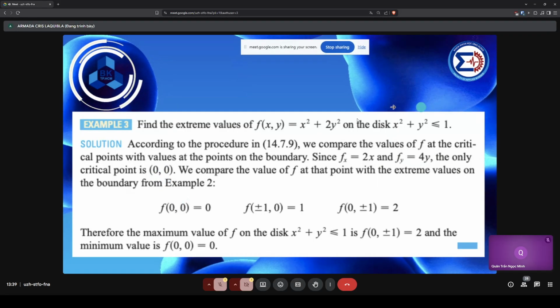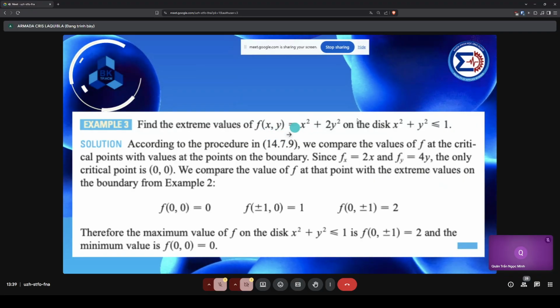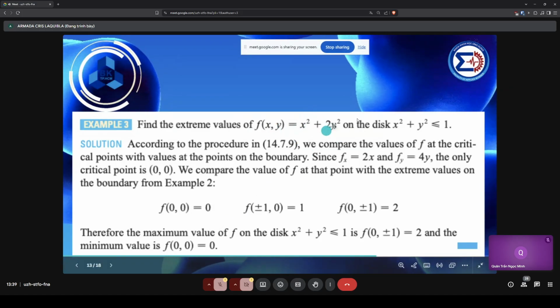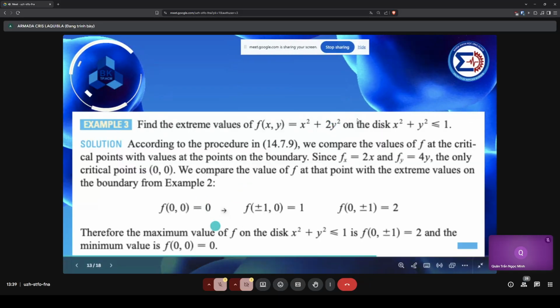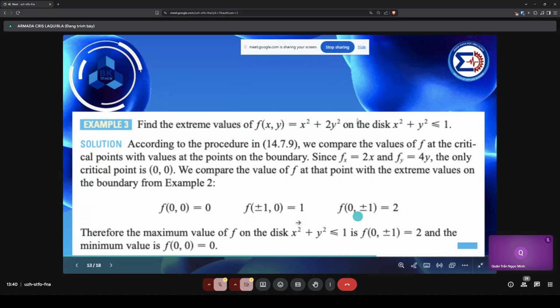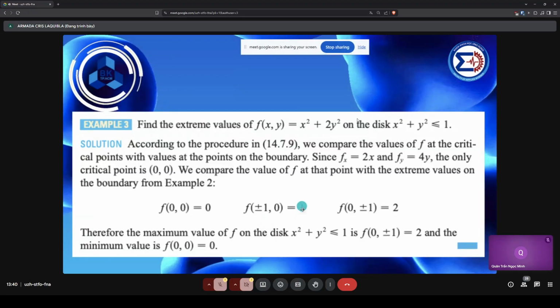Now, we substitute that here in your f of xy. This is 0 squared plus 2 times 0 squared. The answer is 0. Now, the results are still the same for your f of 1, 0 and f of negative 1, 0, which is 1 here.